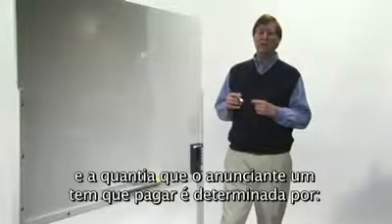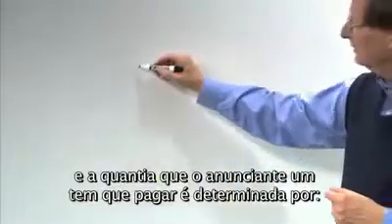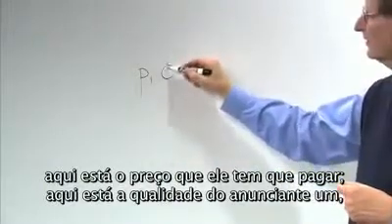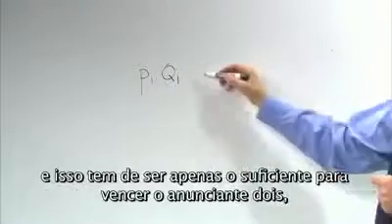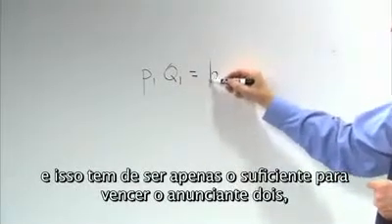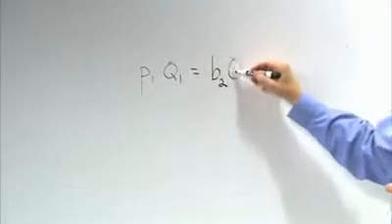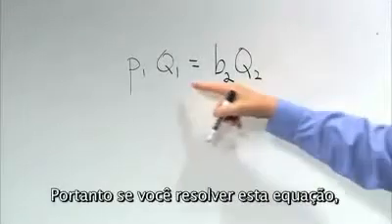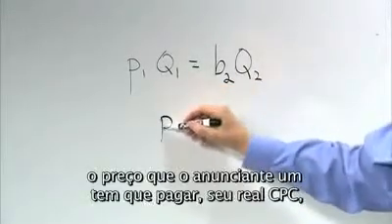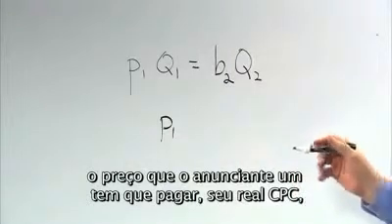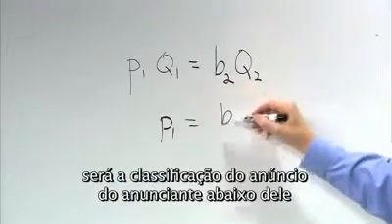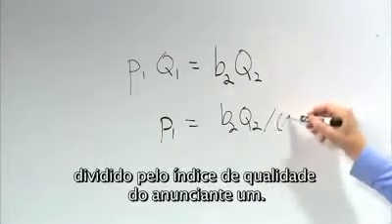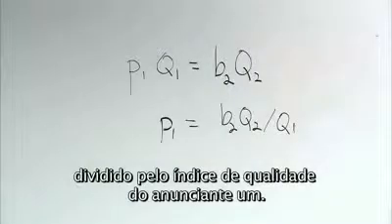The price P1 that advertiser 1 has to pay, times the quality Q1 of advertiser 1, is going to be just enough to beat advertiser 2, who bids B2 and has quality level Q2. So if you solve that equation, the price that advertiser 1 has to pay, his actual CPC, is going to be the ad rank of the advertiser below him divided by the quality score of advertiser 1.